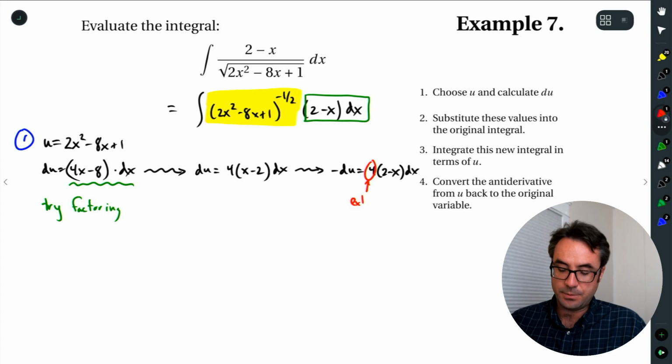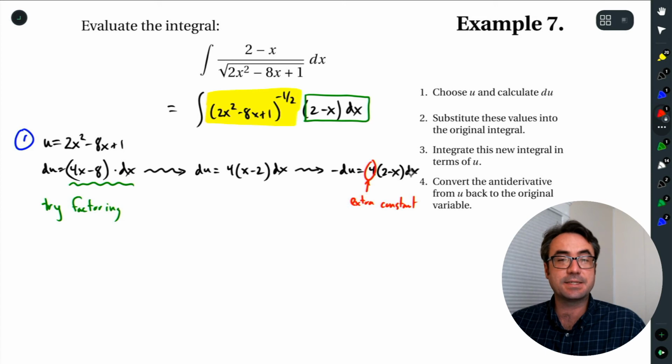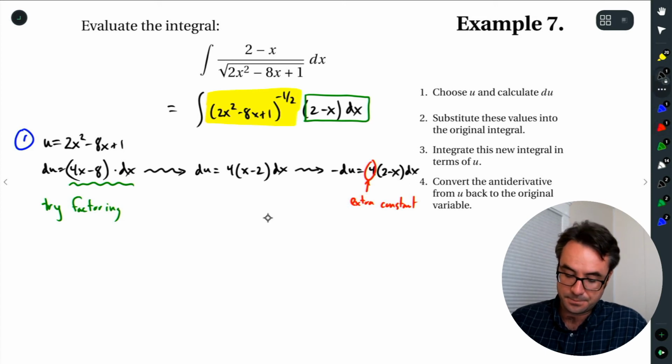So we do what we normally do with extra constants. We move them to the other side. So I'm going to multiply both sides of this equation by 1 over 4. That's going to give me 2 minus x dx all by itself on the right. So I'm going to end up with negative 1 over 4 du is equal to 2 minus x dx.